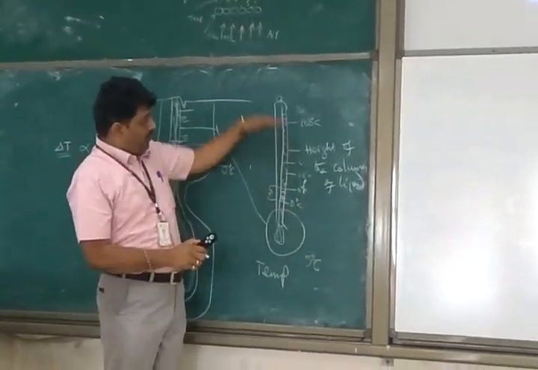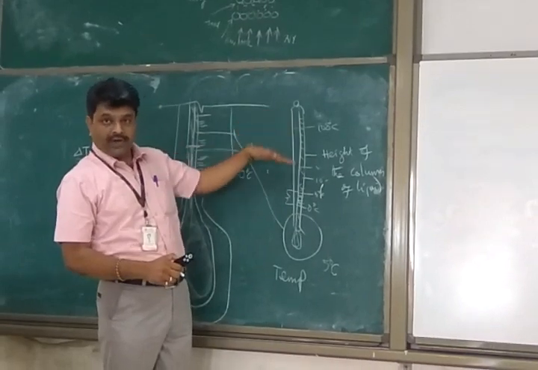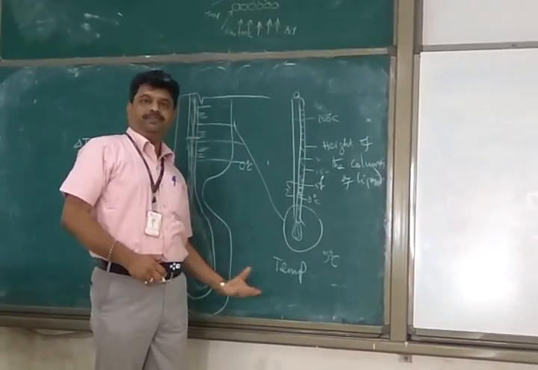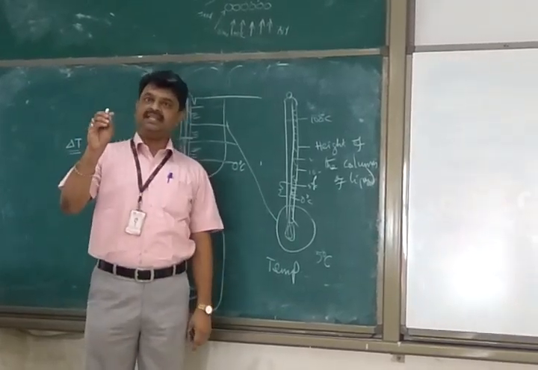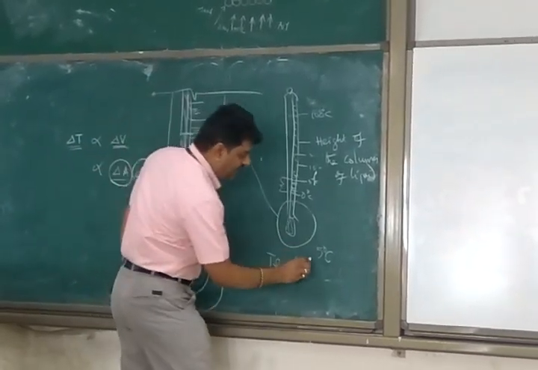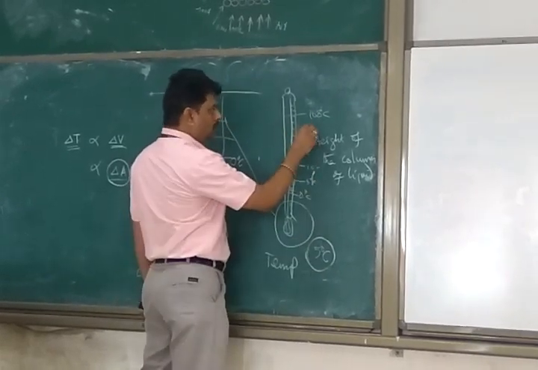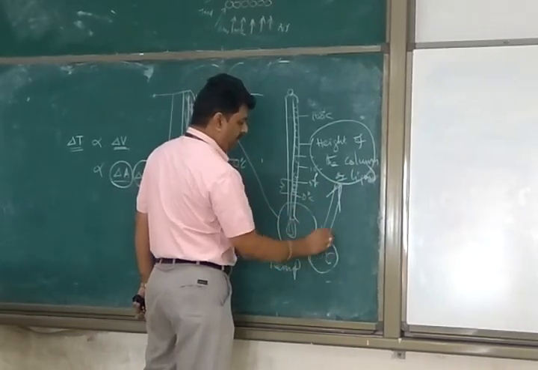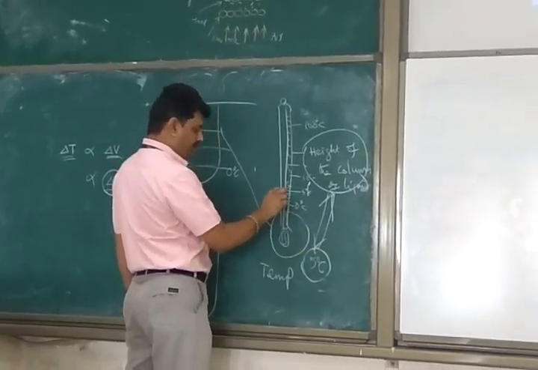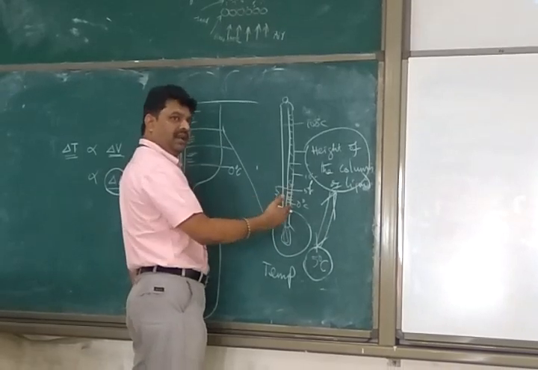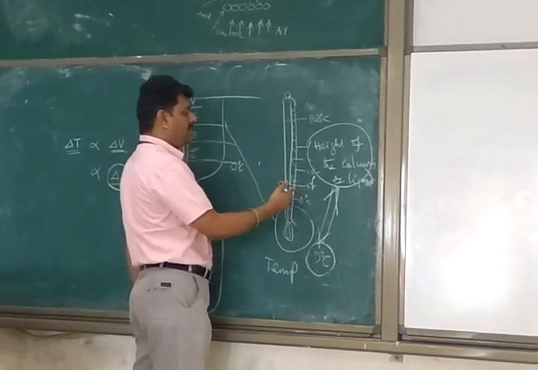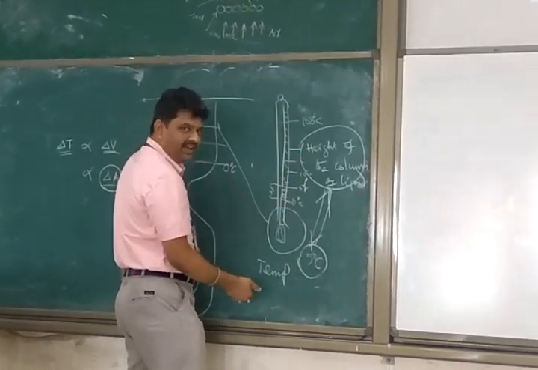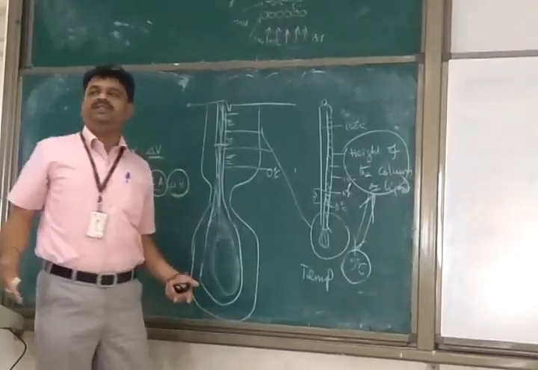Temperature is the input. So calibration is the process of linking the temperature to the height of the liquid. From here to here there should be a proper mapping. If I give 5 degrees, it should stop here. And I should link properly. If I have not linked properly, it will show and stand somewhere, some reading is there, but that is not related to the input parameter, that means it is not calibrated.